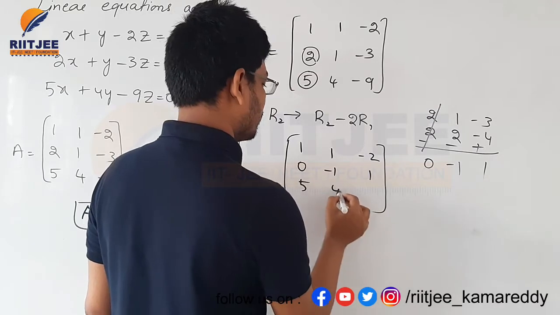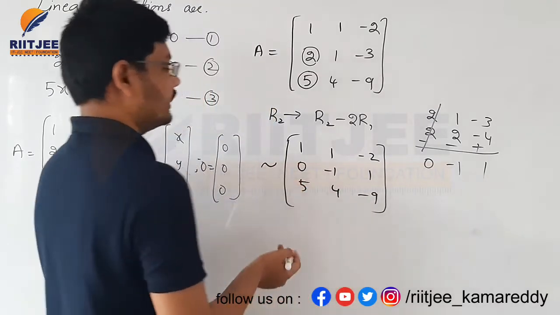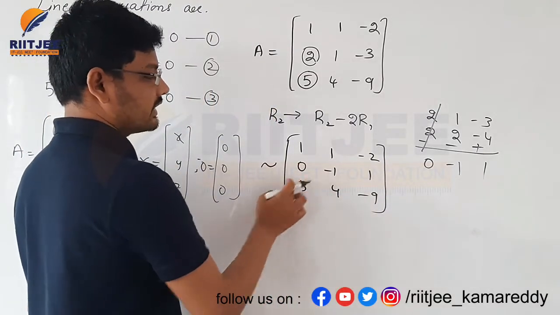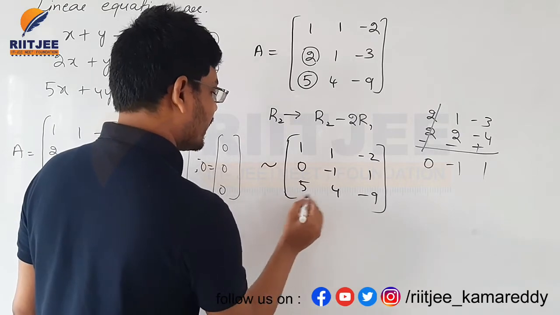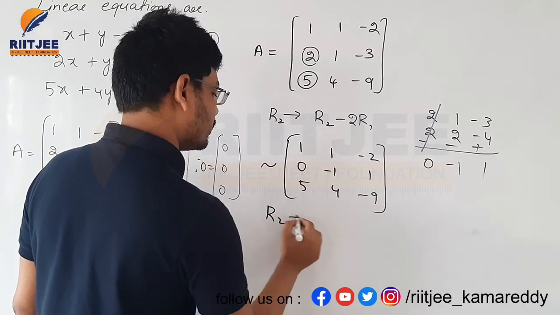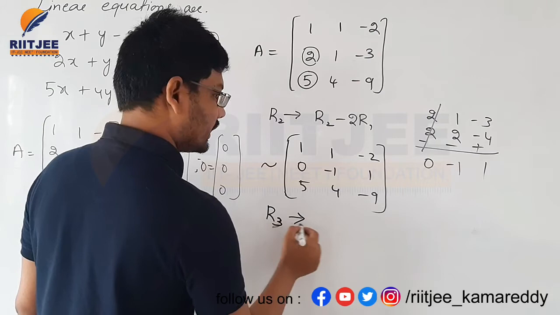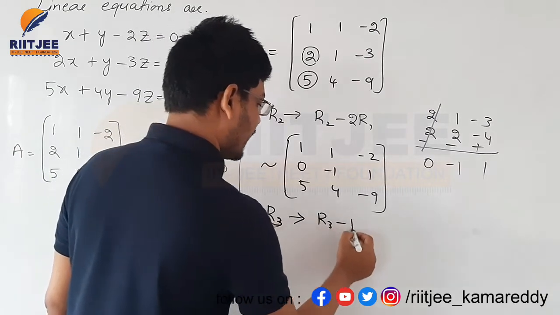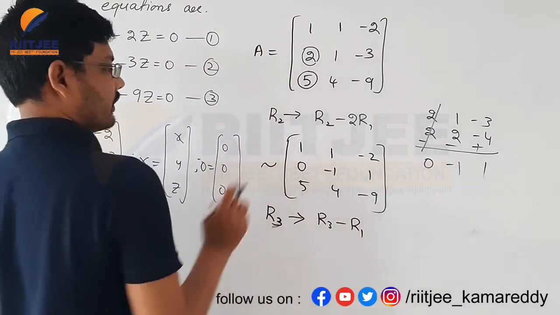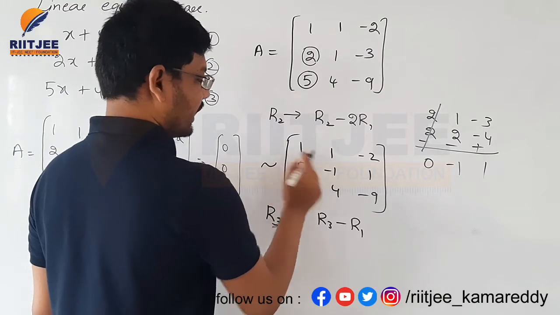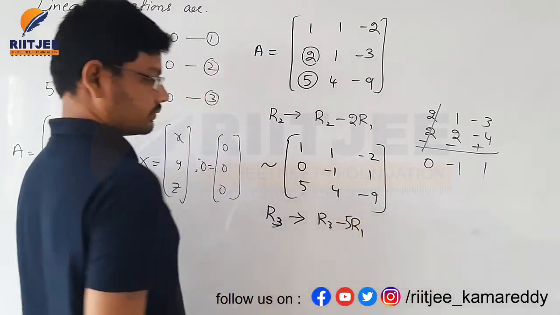Next 5 4 minus 9. And here the next aim is to convert this number to 0 with the help of R1. R3 is changed to R3 minus R1. Here 5 minus 5 will become 0.